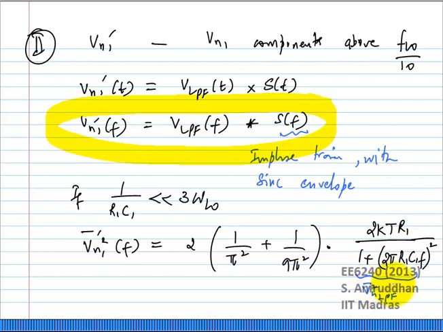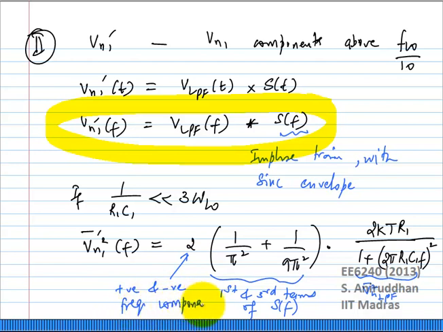These are the first and third terms of S of f, and this is because you have both positive and negative frequencies, component aliasing. You are accounting for both positive and negative frequencies.